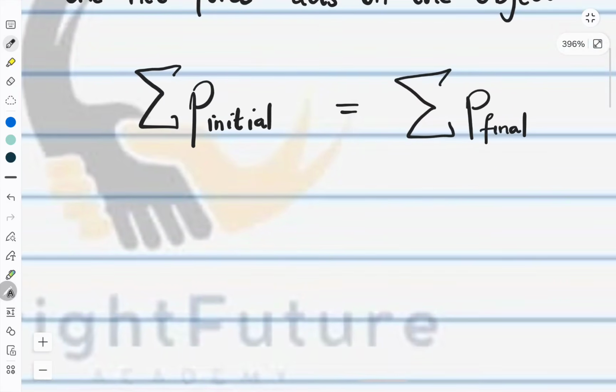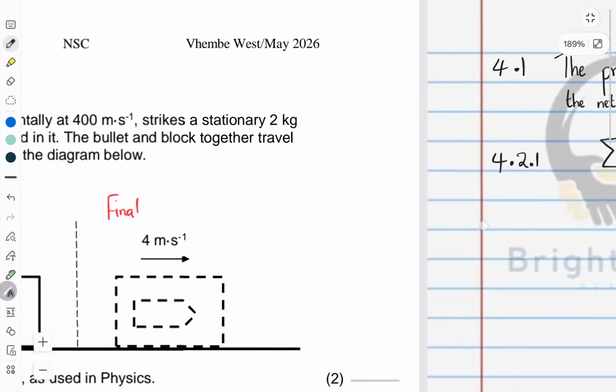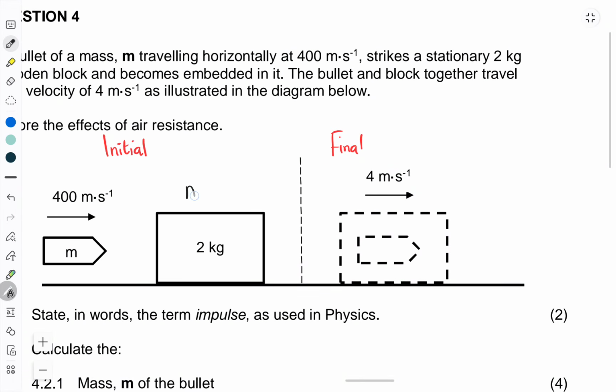In the initial momentum, we sum the initial momentum of both objects. Let's call the bullet object 1, so M1 V1, and M2 V2. Mass 1, mass 2, velocity 1, velocity 2.